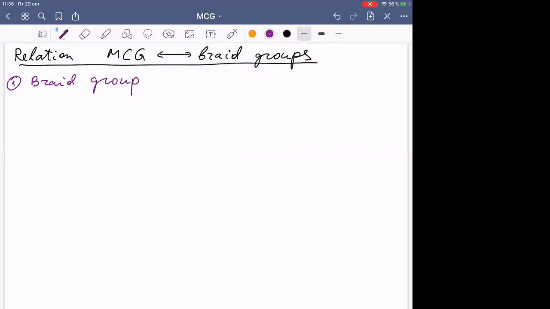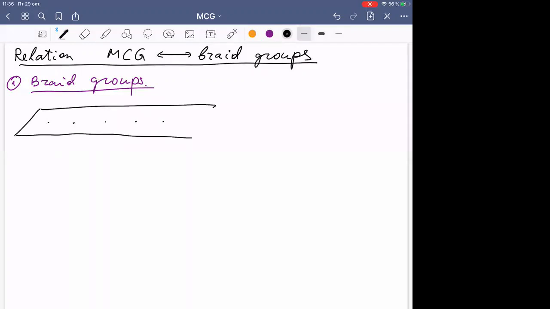First of all, the usual point of view, the most geometric one, is that a braid is just a geometric object.